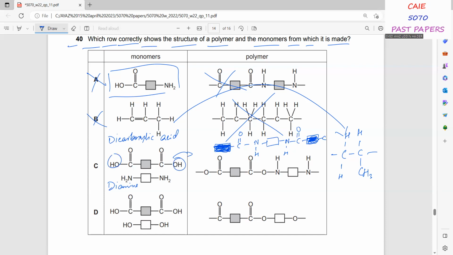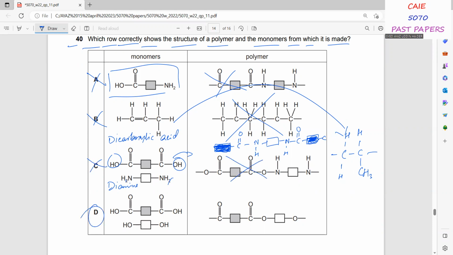So both OH from the dicarboxylic acid will be lost, and one of the H will be lost from each amine group. So this is wrong. We are left with D.